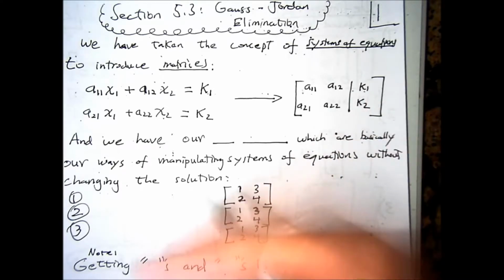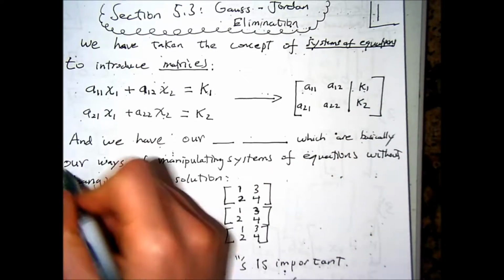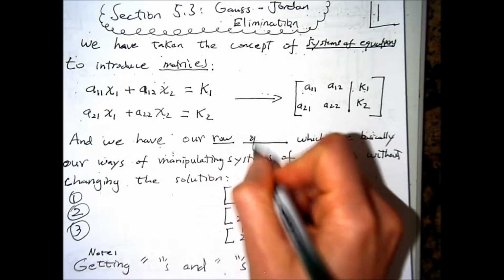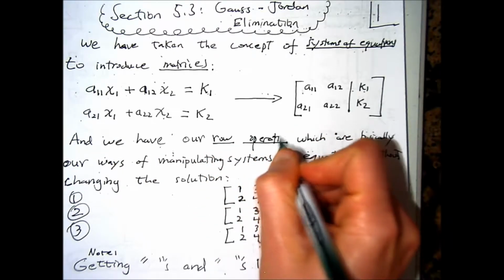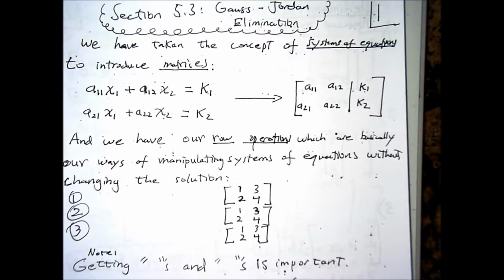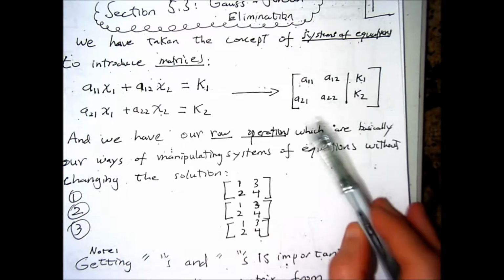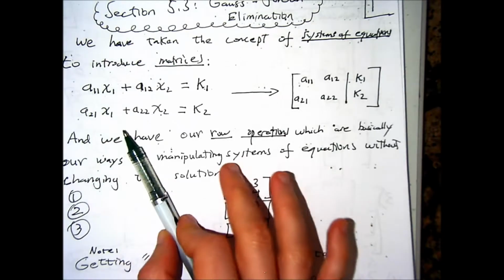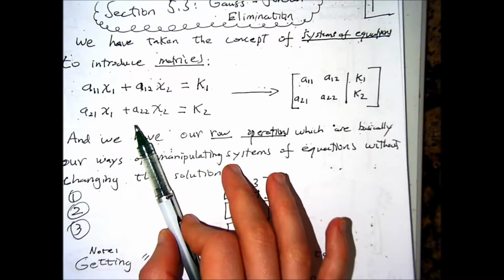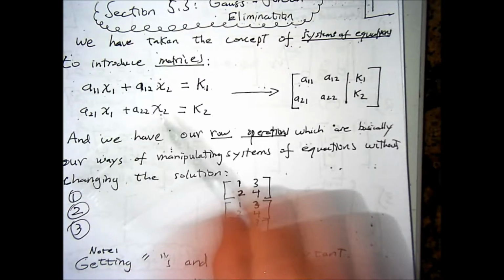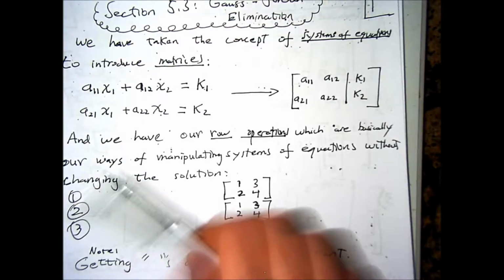And then we do our row operations, which are basically our ways of manipulating systems of equations without changing the solution. The row operations for an augmented matrix are the same as those three rules that we had in Theorem 1 back in section 5.2, I think, for how you can mess with the systems of equations.